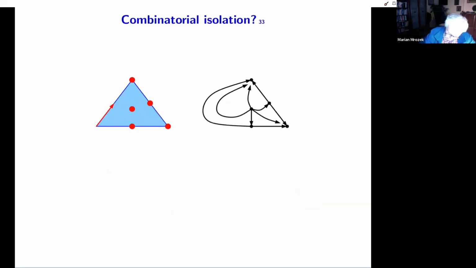And here is another example where I want the collection of these cells to make an isolated invariant set. They are invariant even in the previous meaning, because no problem at the vertices.